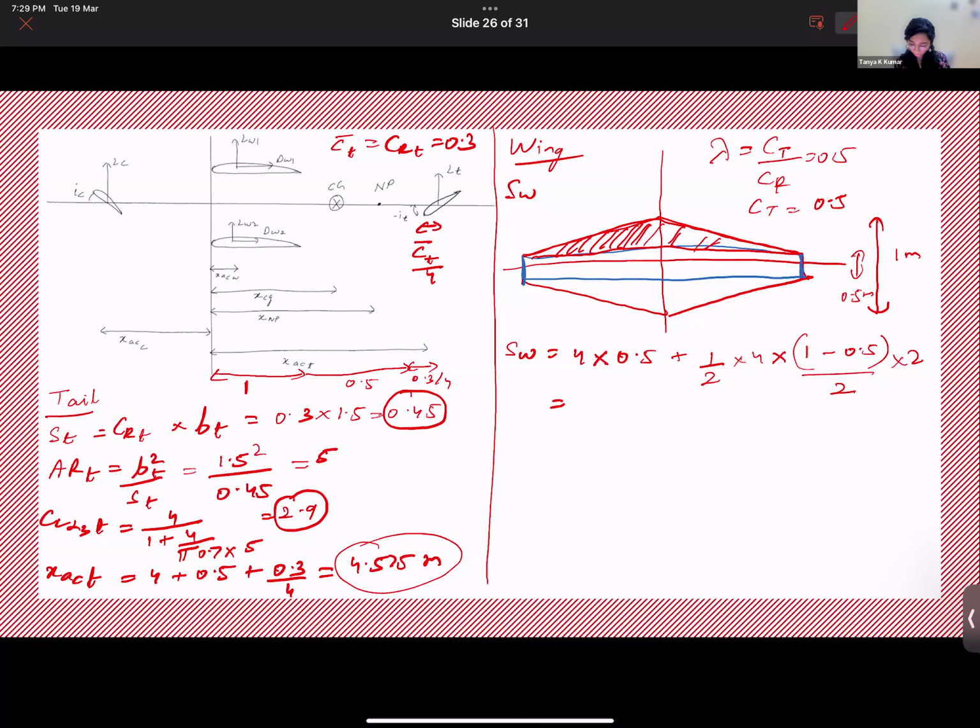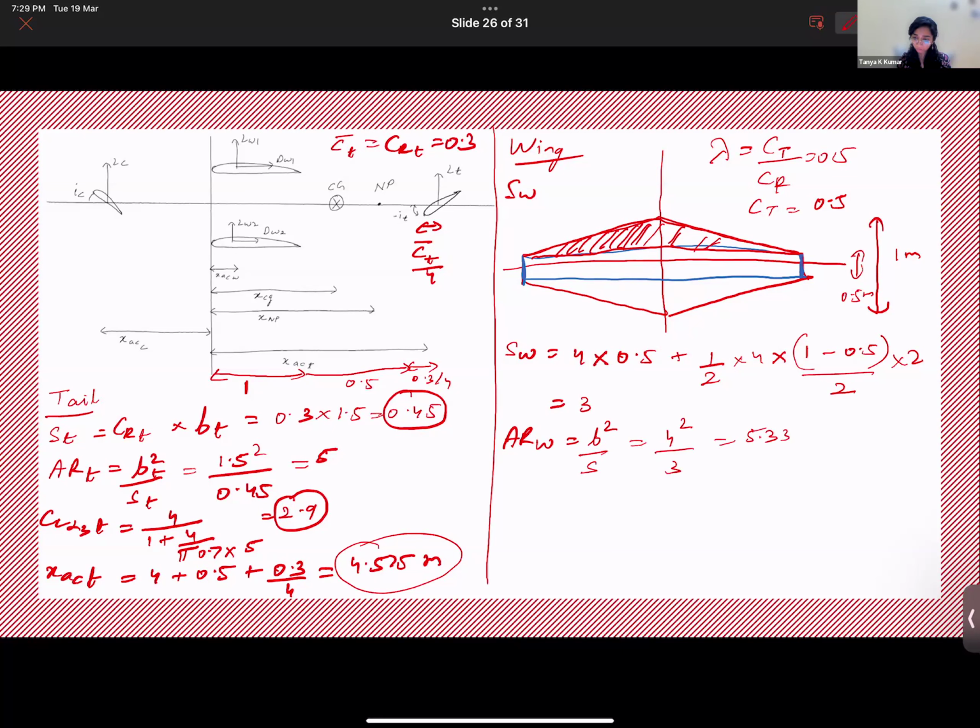Is it right? 3. Okay. Now aspect ratio. Aspect ratio of the wing was what? B square by S. The span is 4. 4 squared by 3. What is the value? 16 by 3, 5.33.